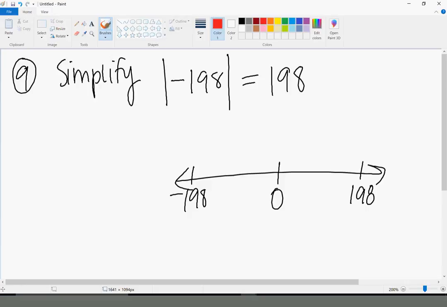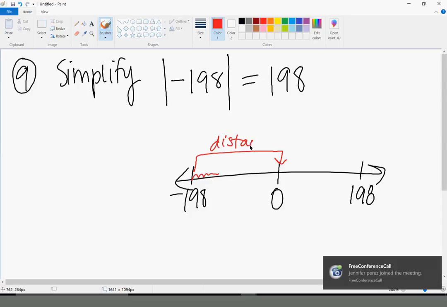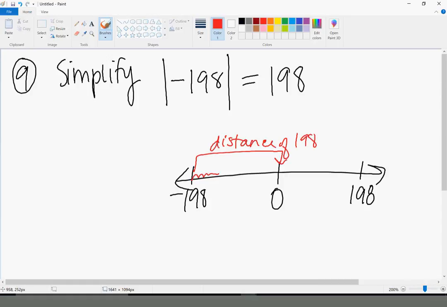So if I were to count the units, to go from here to here, that would be a distance of 198. So that is why the absolute value of -198 is positive 198. So that's your answer, positive 198.